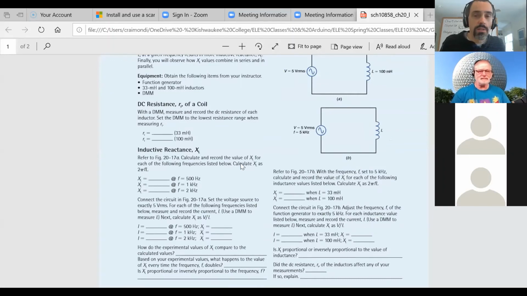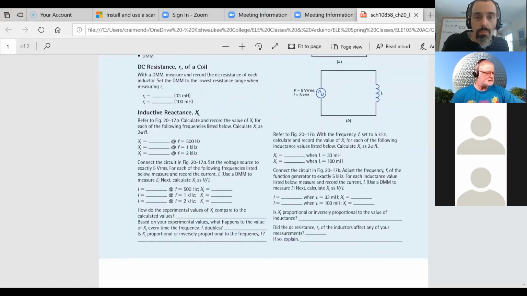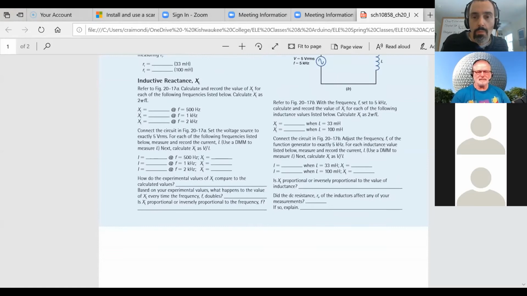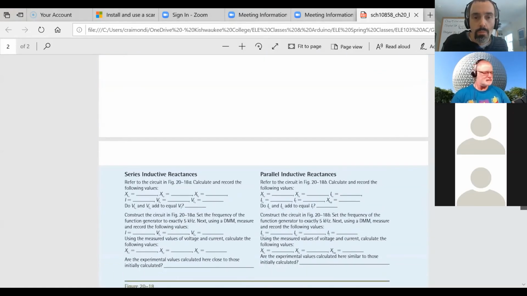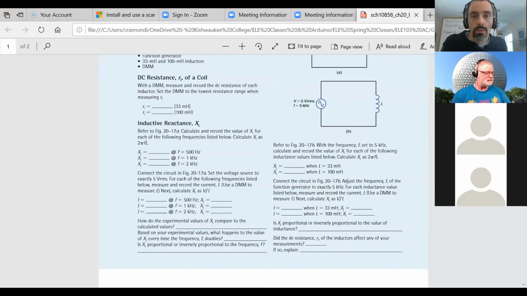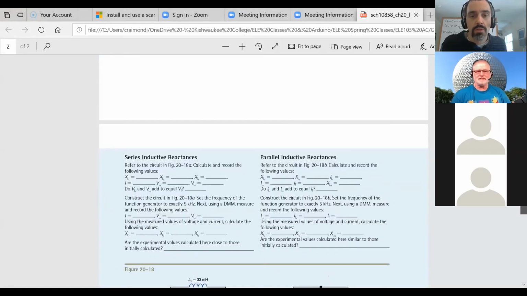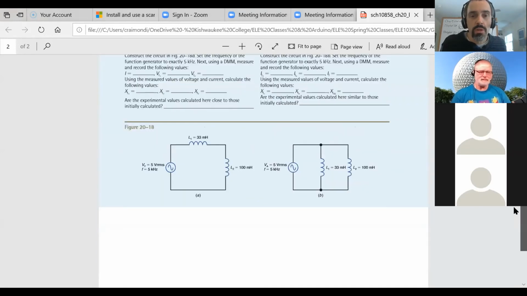I don't think you guys did this in lab, did you, at all? Is that correct? Inductive reactances and all that? No, I don't think so. Okay. Inductive reactance XL, inductive reactance, series inductive reactances.